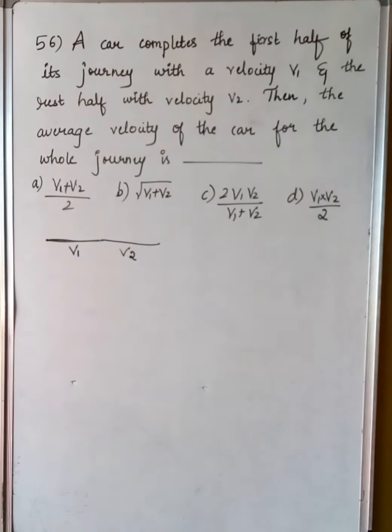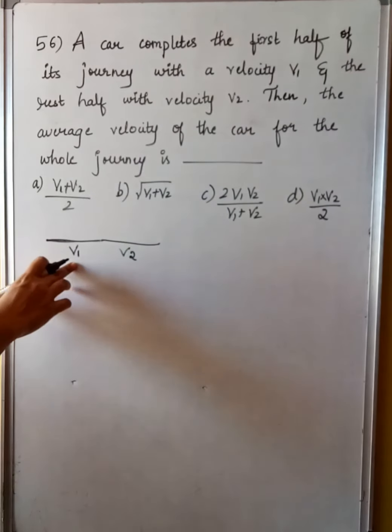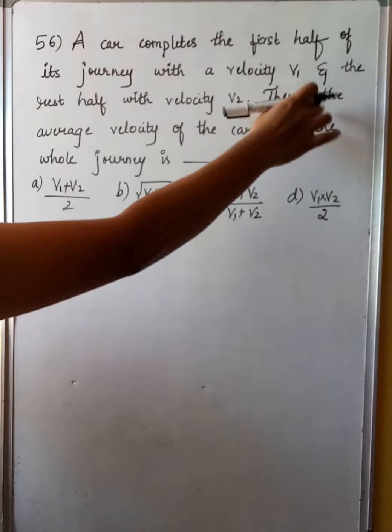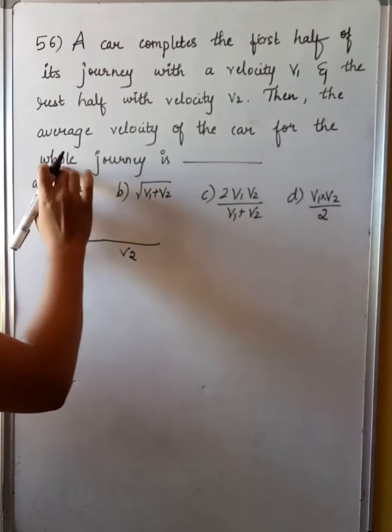Is it clear? That is, a car completes the first half of its journey with velocity v1 and the next half with a velocity v2. Then the average velocity of the car for the whole journey.